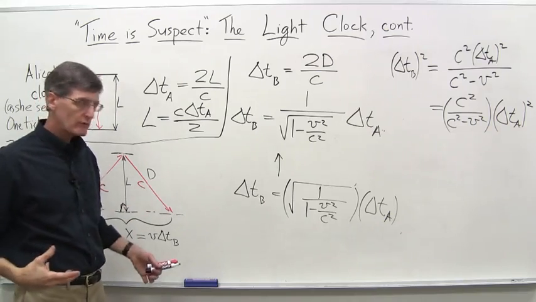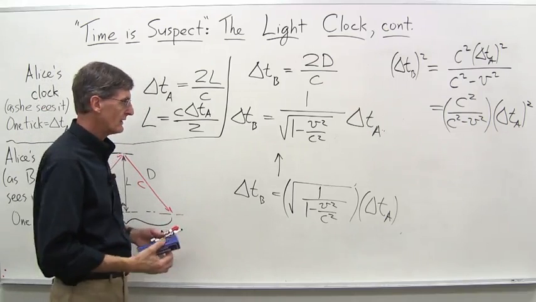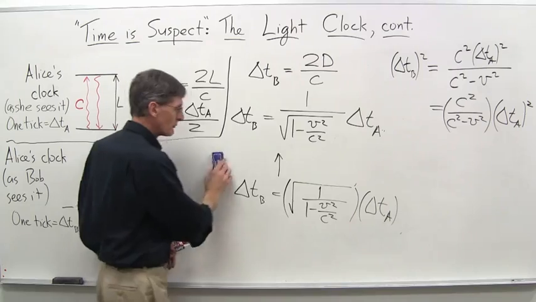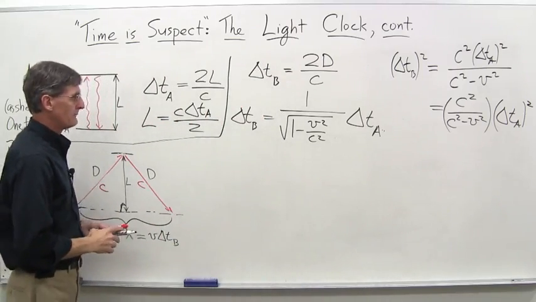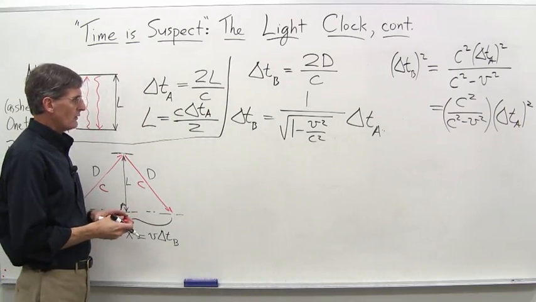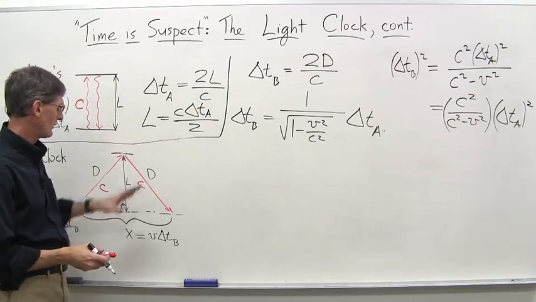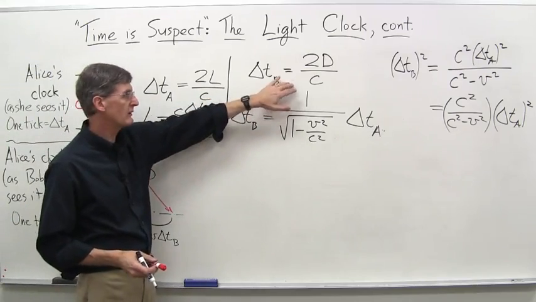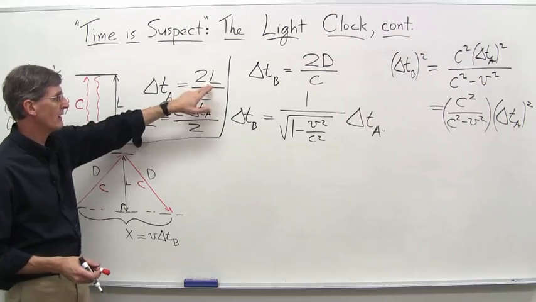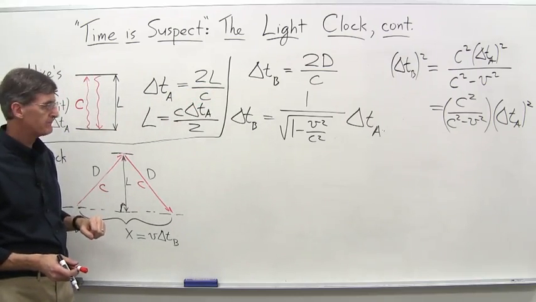It's going to be a very important result as well. Let's analyze it a little bit, make sure that things check out as much as possible. So here's our final result. First of all, we said that delta TB was greater than delta TA. We argued it qualitatively. We saw it semi-quantitatively here. We knew that D was bigger than L, and therefore delta TB must be a bigger number than delta TA.